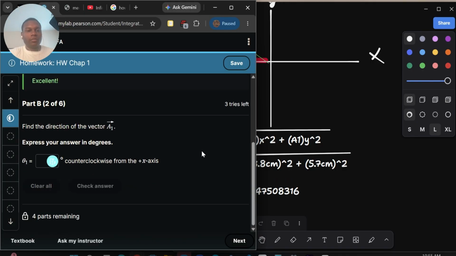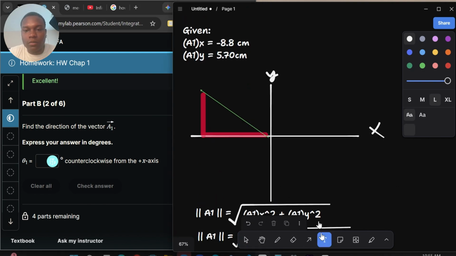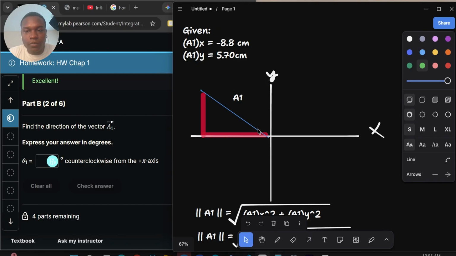Okay. So now it wants us to find the direction of the vector A1. This is our vector A1. So here's what we do know. I'm going to start again from our givens because I'm a little confused where to start here.